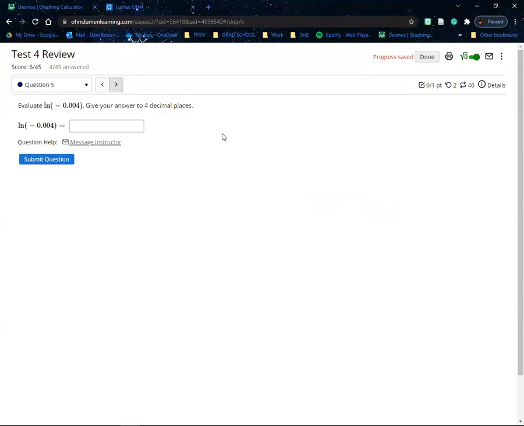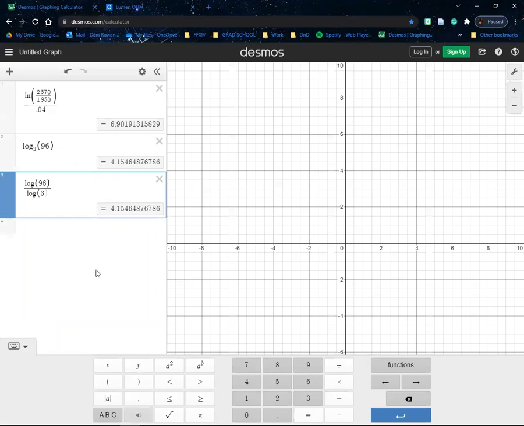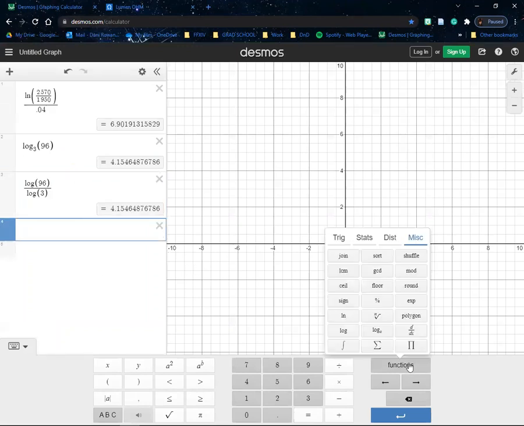Going to continue. This is just plugging it in. What's the issue with a negative? Oh, it can't be a negative inside of log.